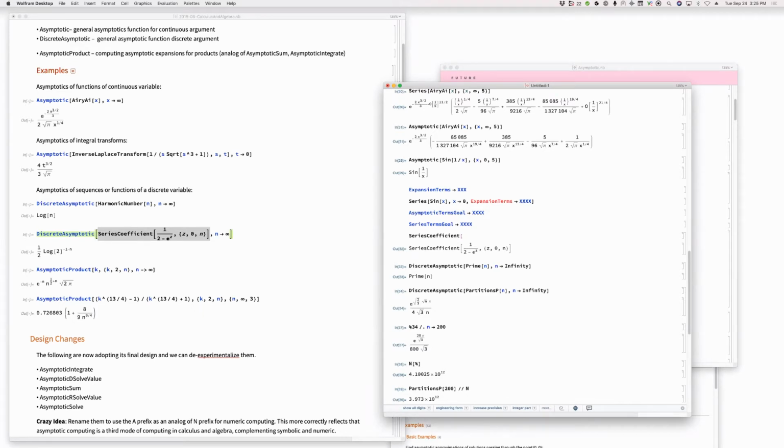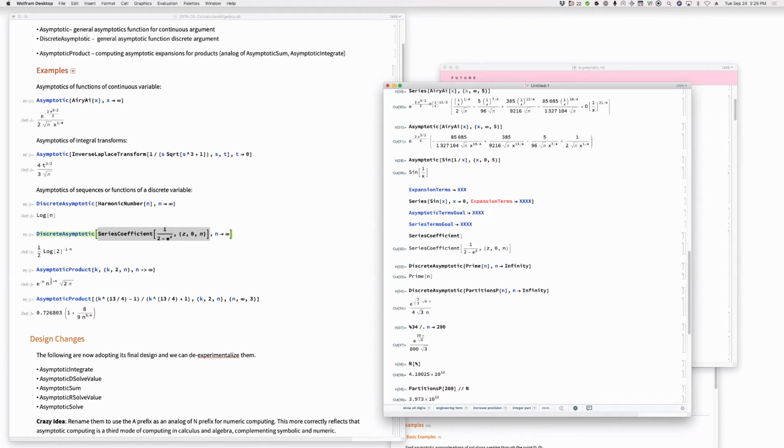Okay, I understand. So let me just try and ingest what you're telling me here. In a series, the variable might be close to 0, for example, and then it had better be a continuous variable, a real variable. At infinity, it could either be a variable going to infinity like a real number, or it could be going there in steps as an integer. Exactly.